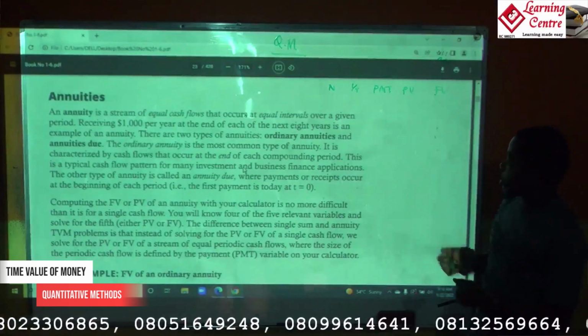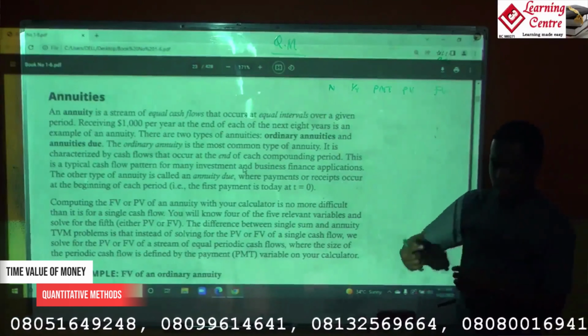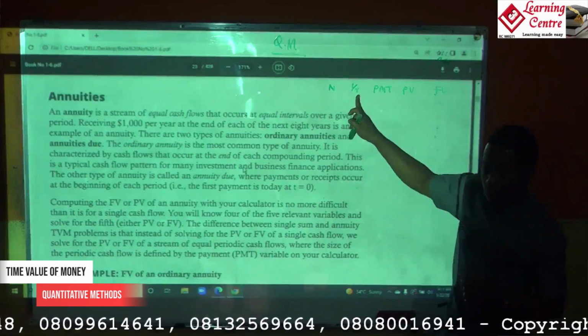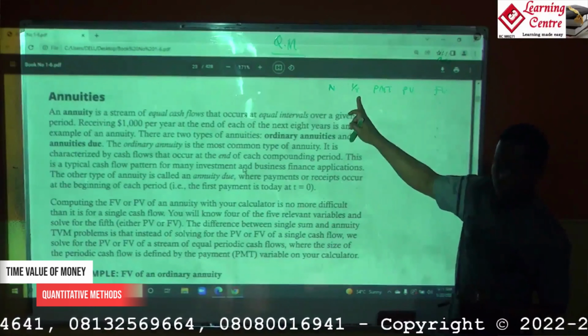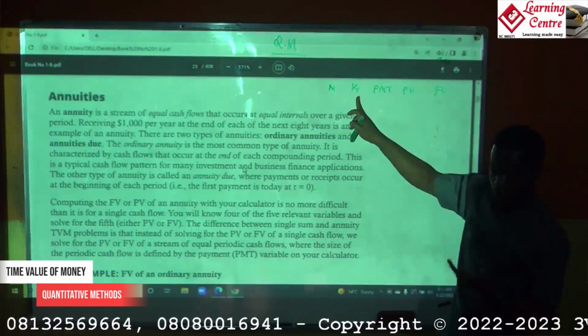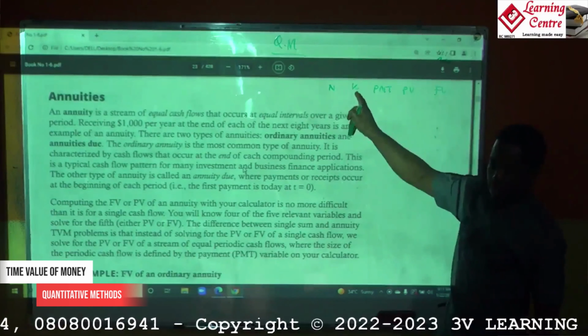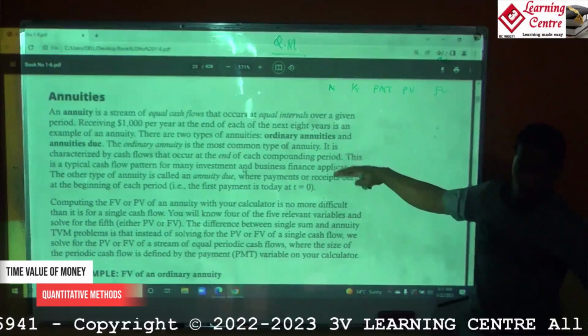If I tell you that you're paying 50% per annum and the compounding frequency is quarterly, what that means is that your interest rate per compounding period, remember we are dealing with quarterly interest rate now, would be 50 divided by 4 because you have 4 quarters in a year. So we should always remember that this interest rate, I over Y, is the interest rate per compounding period.